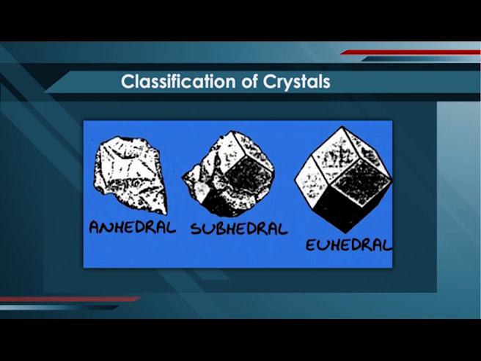You can make out some phases there, and some part of the crystal is covered with some other mineral which does not show the phase at all. Whereas, the third type, euhedral crystal, has well developed phases. The entire crystal is made up of well developed phases. Thus, we have 3 types of crystals seen in igneous rocks.